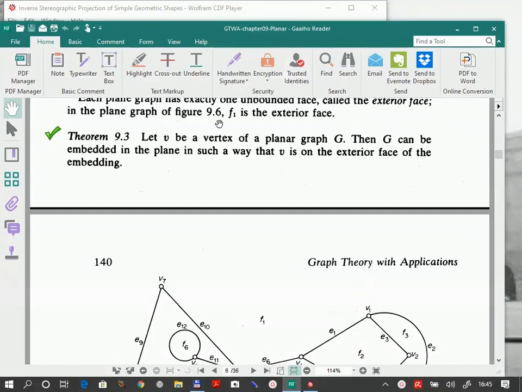Now what can we do? What is the corresponding thing of the unbounded, the exterior face in the sphere? It is that part of the sphere which contains the North Pole, the projection pole, okay? So now what can we do? We can just move the sphere so that the North Pole is inside.